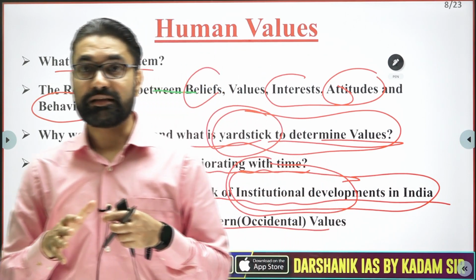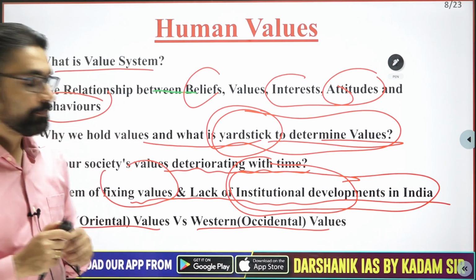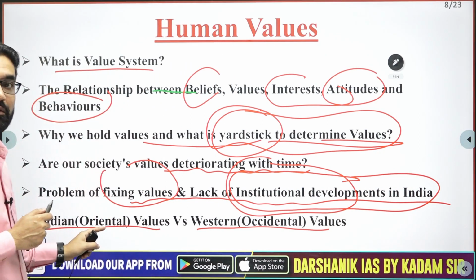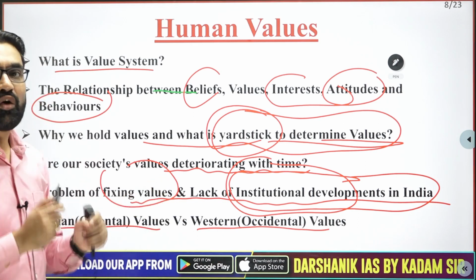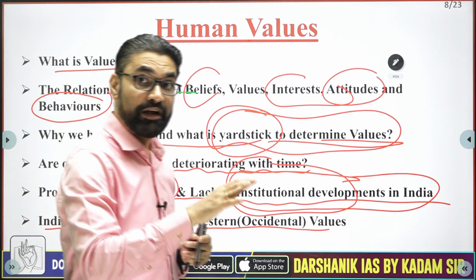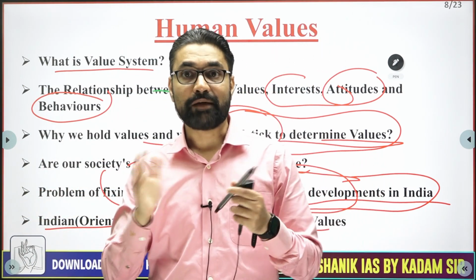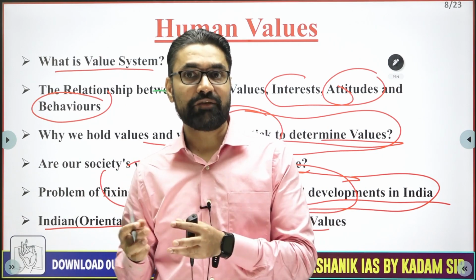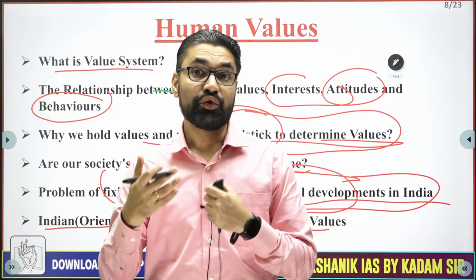So guys, I think this topic is also very important for your ethics paper, that is the clash between Indian values and Western values, what we call Oriental and Occidental values. What are Oriental values? What are Occidental values? We will compare how Indian values are different from Western values, which are good, which are bad.